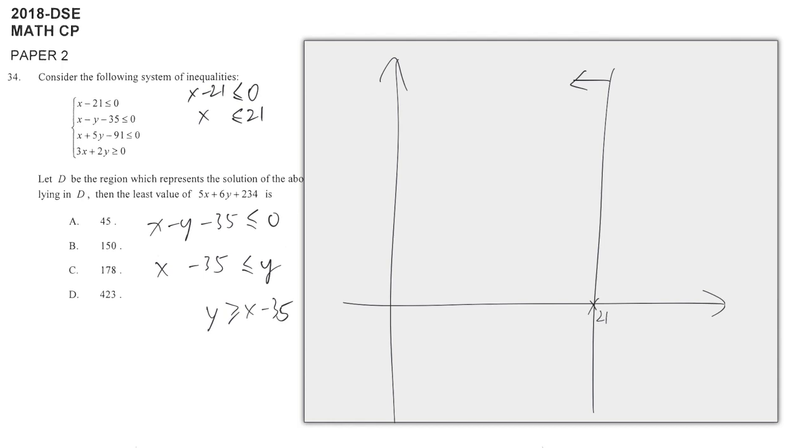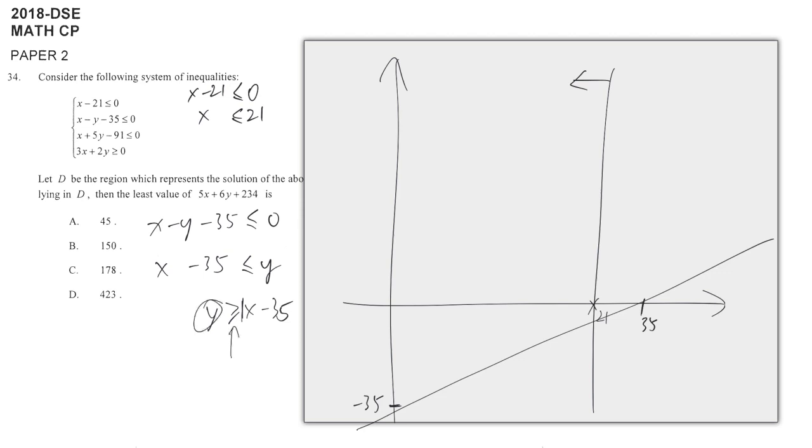What's good about rewriting in slope-intercept form is that we get the slope and the y-intercept directly. That means if this is negative 35, and the slope is 1, so 45 degrees going up, and this is 35. This graph is not really to scale, but anyway, y should be larger than that.